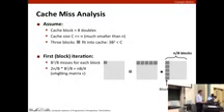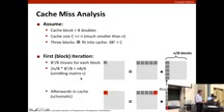Then since there's n over b blocks in each matrix, and there's 2 matrices, there's 2n over b times b squared over 8 misses for this first iteration. So that works out to be nb divided by 4.